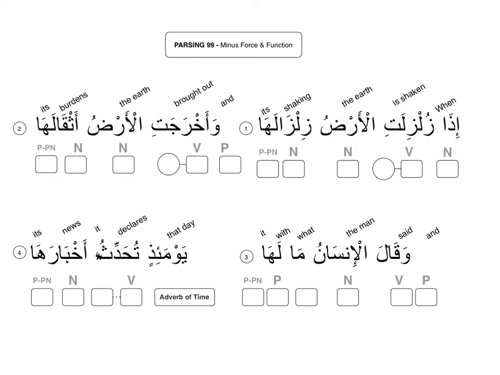all the nominal structures. Okay, so let's begin with the first one, which is zulzilatil ardu, which is the verb. So you have the verb here and the subject and the object, right? So this verbal structure has a function, and the function of this verbal structure, as I explained last week, you have an adverb here, right?